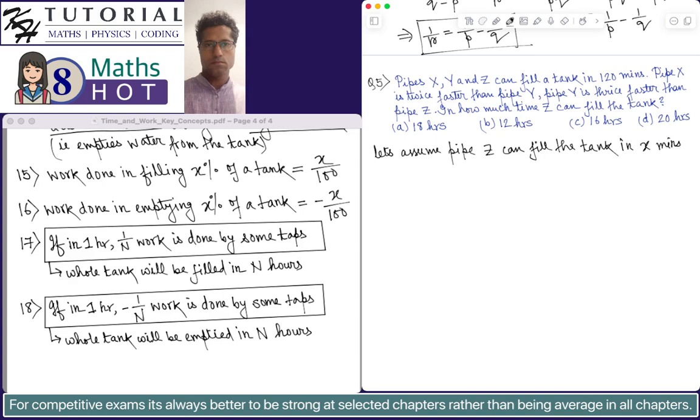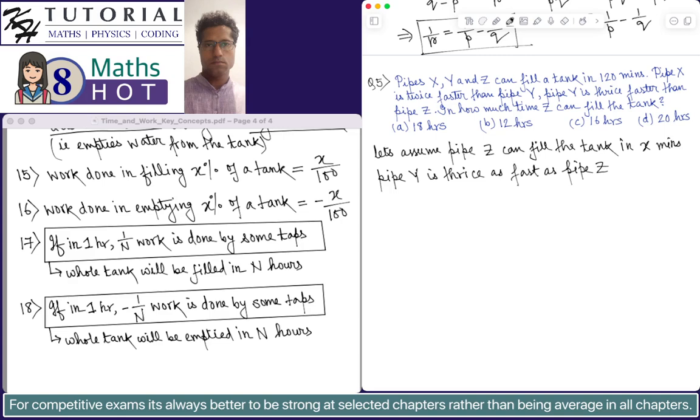Now the fact that pipe Y is 3 times as fast as pipe Z. What does this mean?